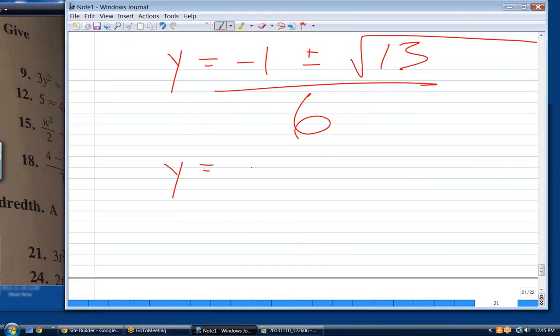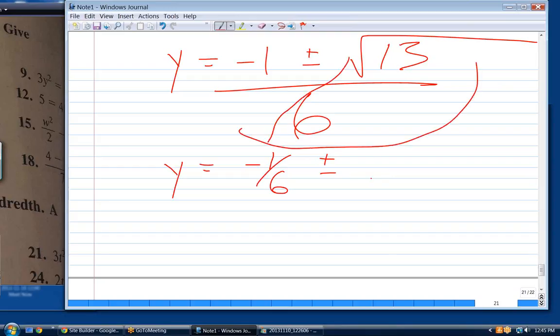Y equals negative 1/6, and then plus or minus, would just be square root of 13 over 6. Yep.